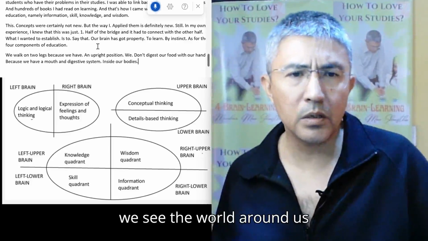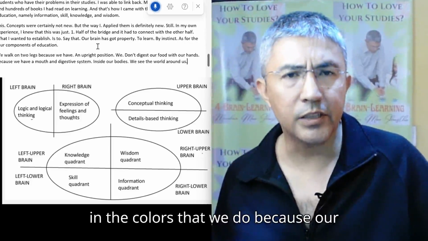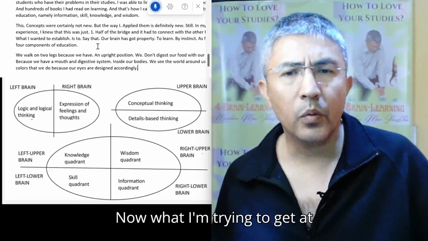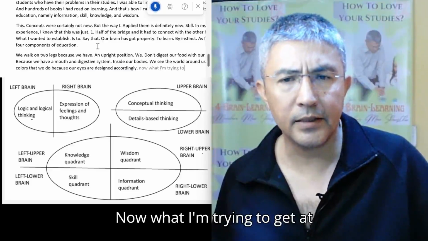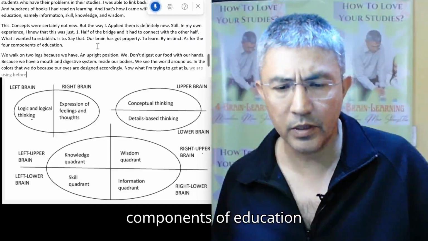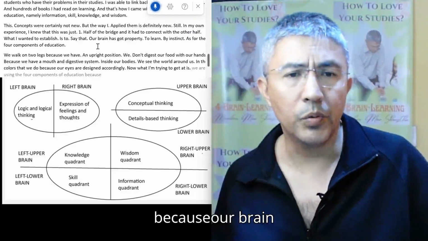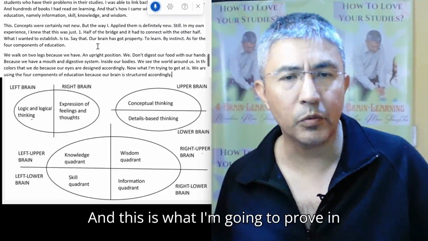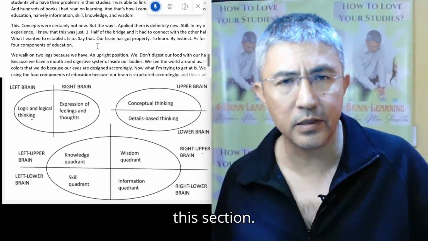We see the world around us in the colors that we do because our eyes are designed accordingly. Now, what I'm trying to get at is that we are using the four components of education because our brain is structured accordingly. And this is what I'm going to prove in this section.